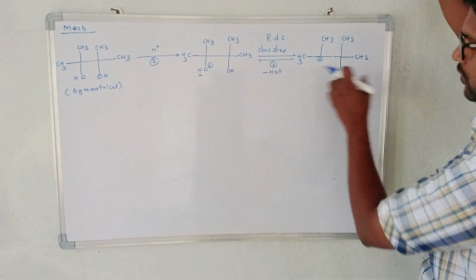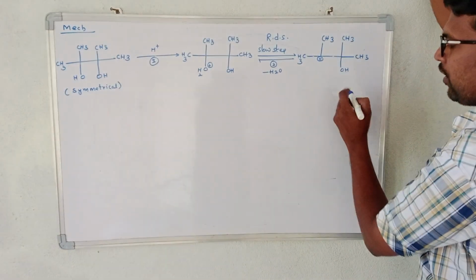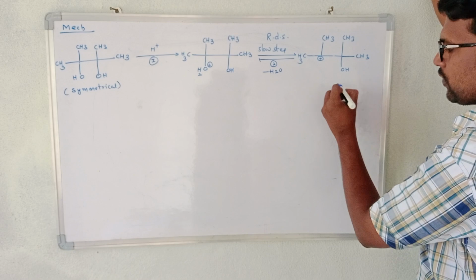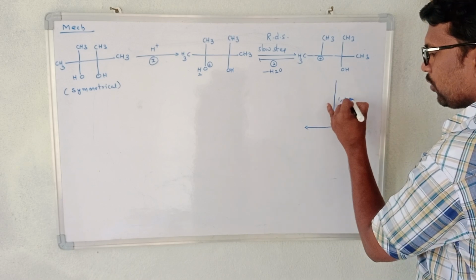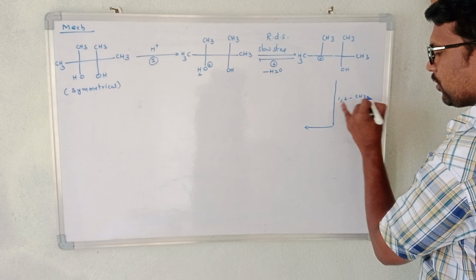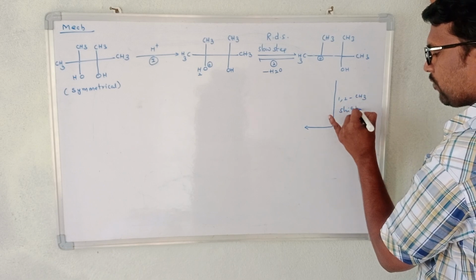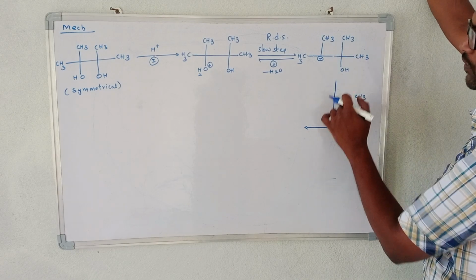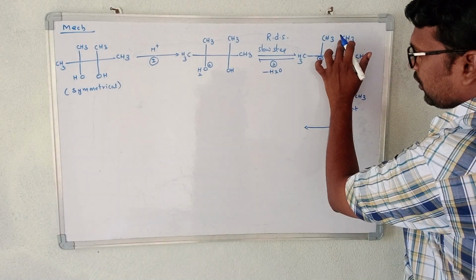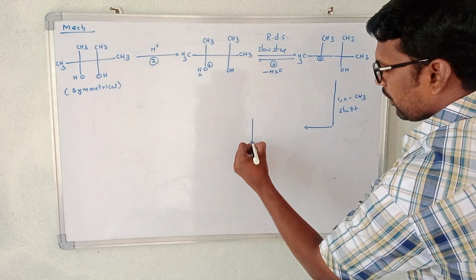Right. After formation of this, here a methyl group can be shifted. So shifting takes place, that is a 1,2 CH3 shift. After shifting, the CH3 group can be present like this.